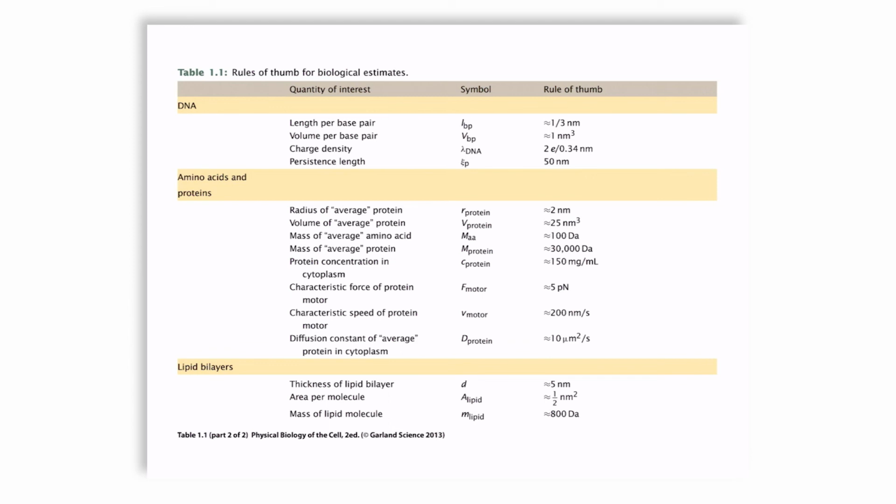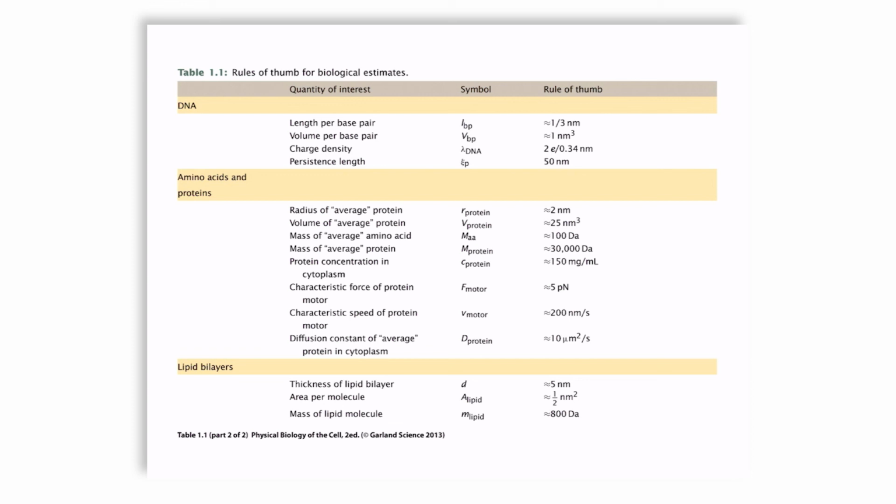What about proteins? So we've spoken about cells, organelles, water molecules, DNA. What about proteins? The average radius of a protein is 2 nanometers. Now this is again an average value. As you saw, everything has a distribution. Everything is widely distributed at times in biology, but the average number is 2. So when someone asks you what is the size of a protein, 2 nanometers is a good number.